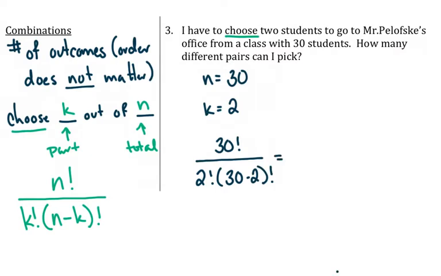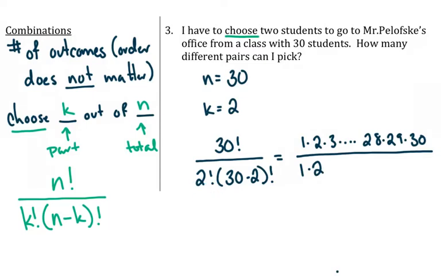Now, some of you might be thinking, like, 30 factorial is something I don't want to do by hand, right? 1 times 2 times 3 times all the way out to 28, 29, 30. Like, I don't want to multiply all those together. Miss Ross doesn't either. But if we expand that out, we then also get 1 times 2 from the 2 factorial here. 30 minus 2 is 28 factorial. So you get 1 times 2 times 3 times all the way out to 28.